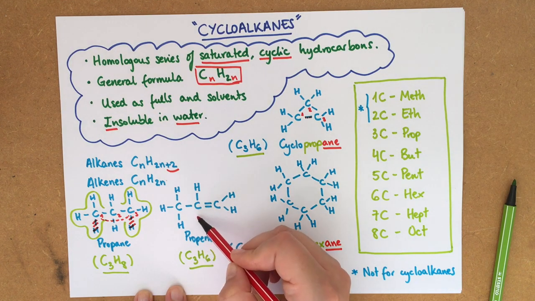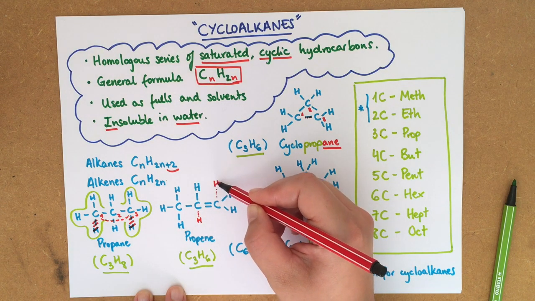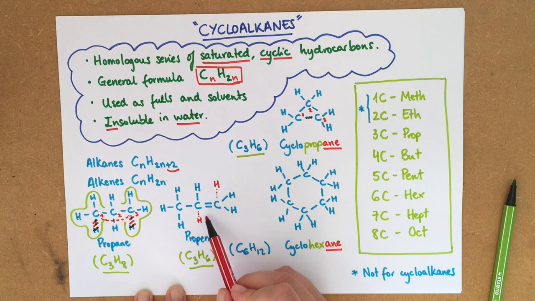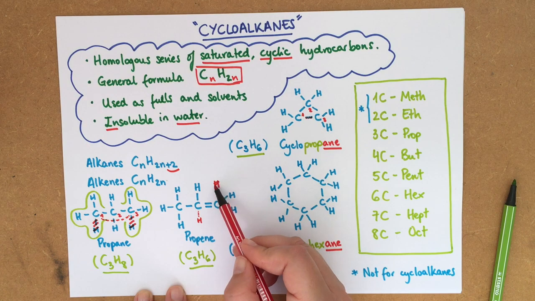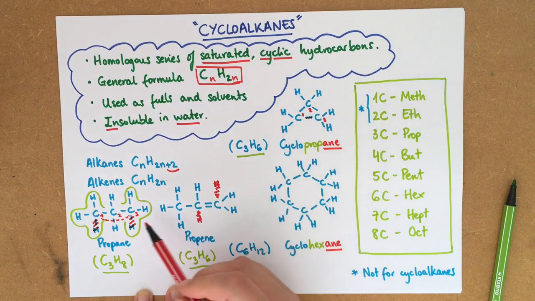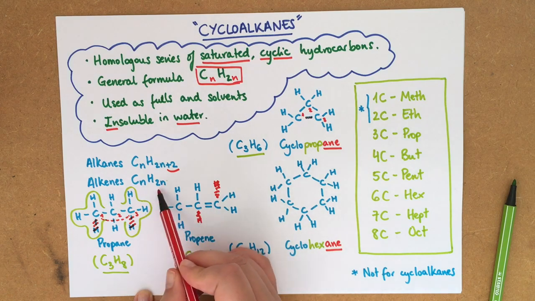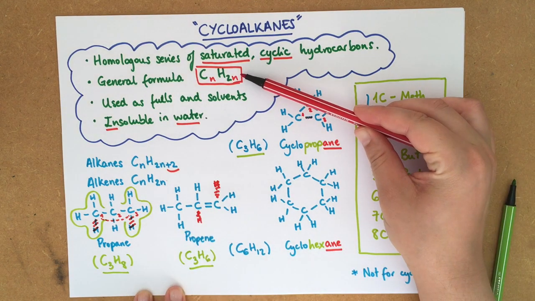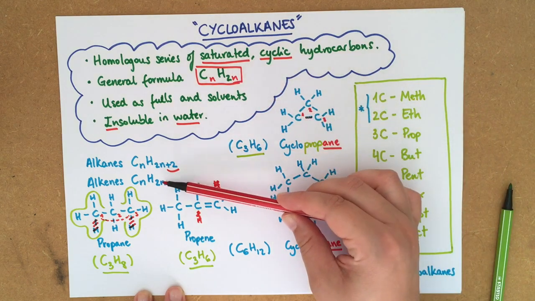So instead of having a hydrogen here, I'm going to draw that tentatively, and a hydrogen there. That would be 5 bonds again, 1, 2, 3, 4, 5, and 1, 2, 3, 4, 5. So it loses these 2 hydrogens here and forms the double bond, and hence we have the same number of carbons and hydrogens for the cycloalkanes and the alkenes.